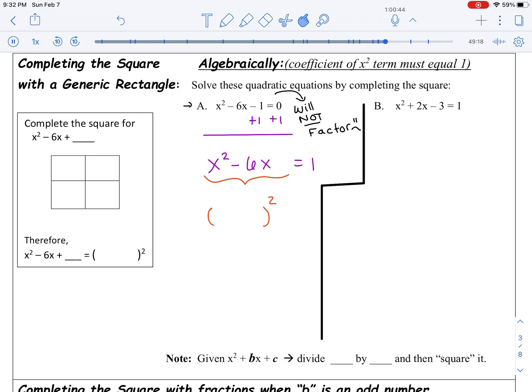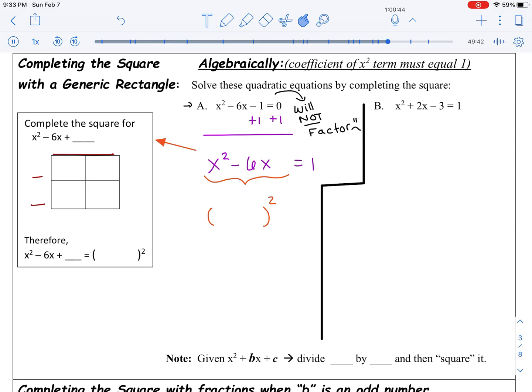To do that, I'm going to detour for a moment and look at this box on the left. I'm drawing a square, and squares have 4 sides that are exactly the same. So when I fill in my missing dimensions along the top of the square, they need to be the same as the dimensions to the left.